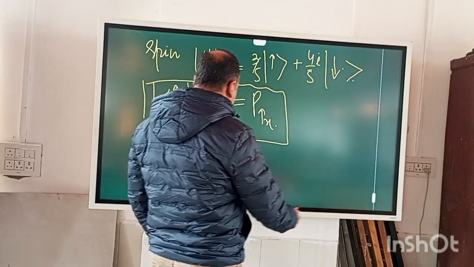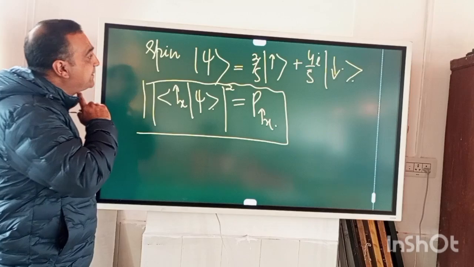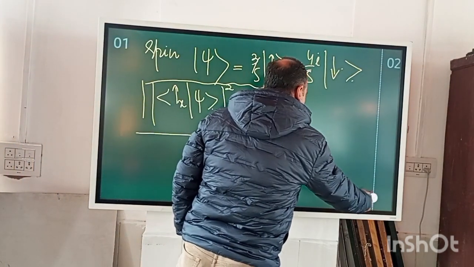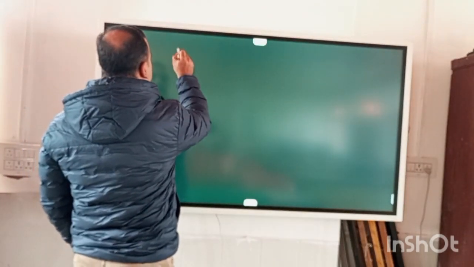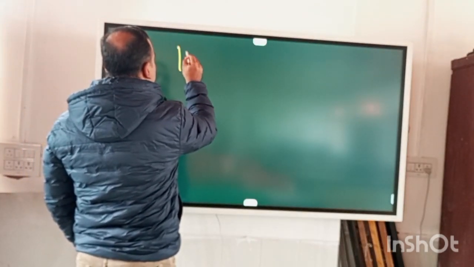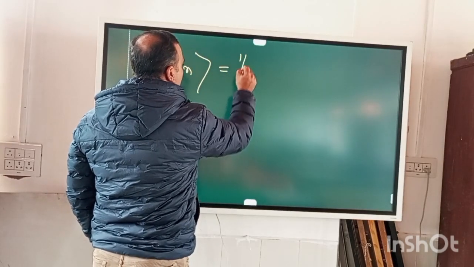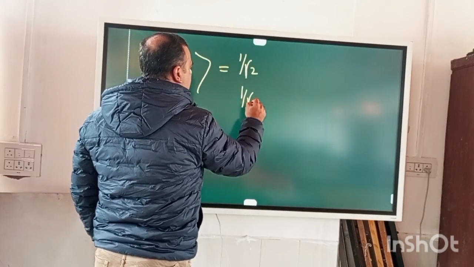Moving on from here, we better understand that spin up along x, its ket is 1 by root 2, 1 by root 2.